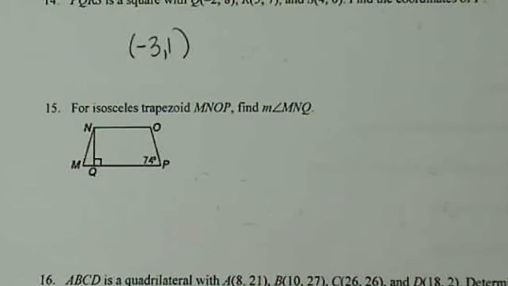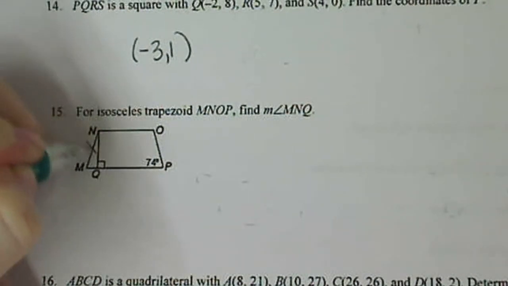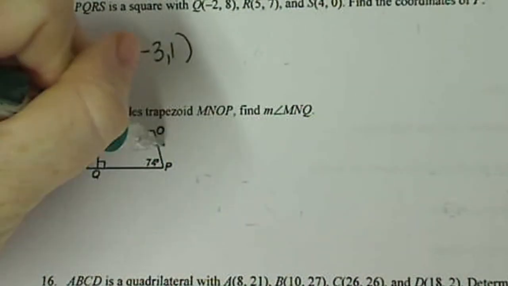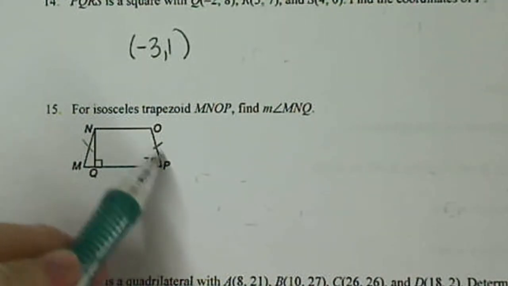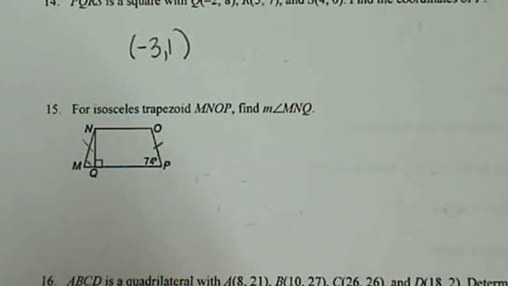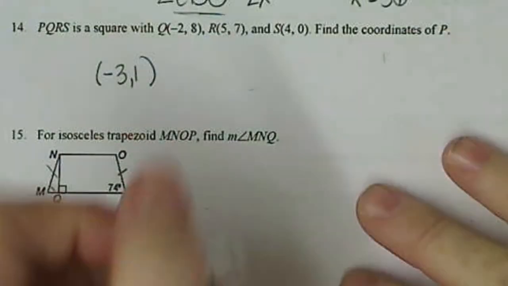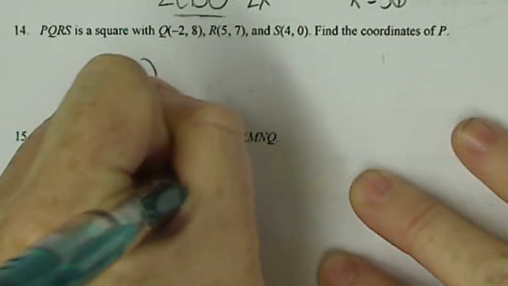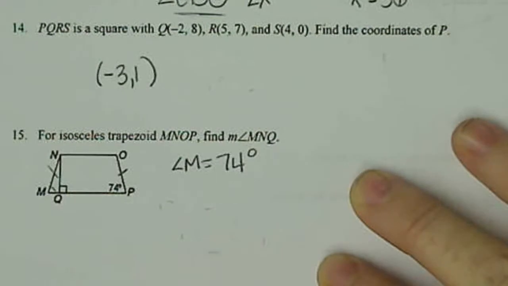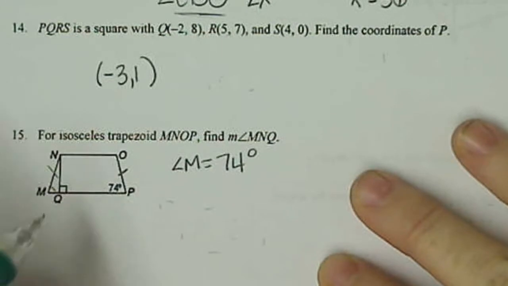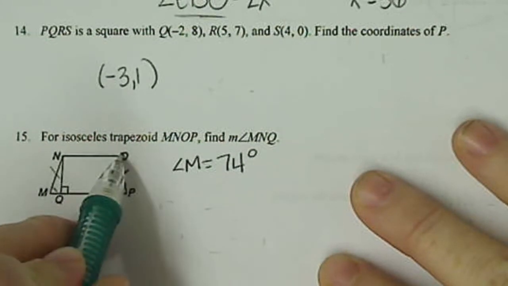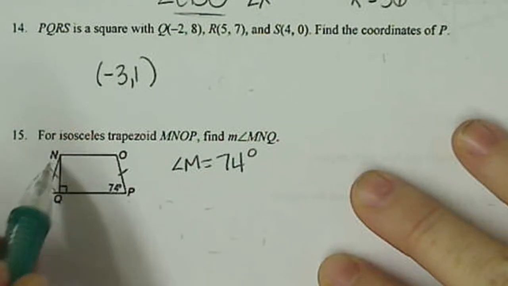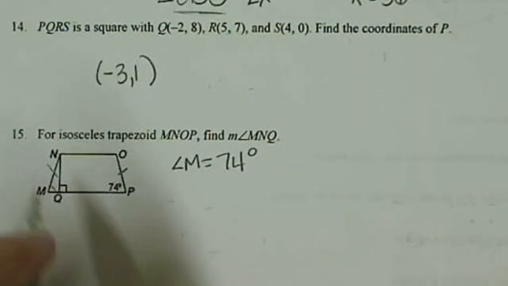Number 15, this is isosceles, so that means MN is the same length as OP. And it also means that our base angles are the same. So that means that angle M is also 74 degrees. Being an isosceles trapezoid, it means that these angles up top, M and O and PON, are supplementary.